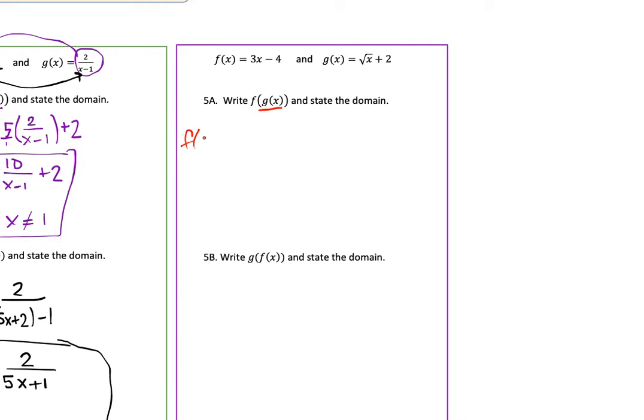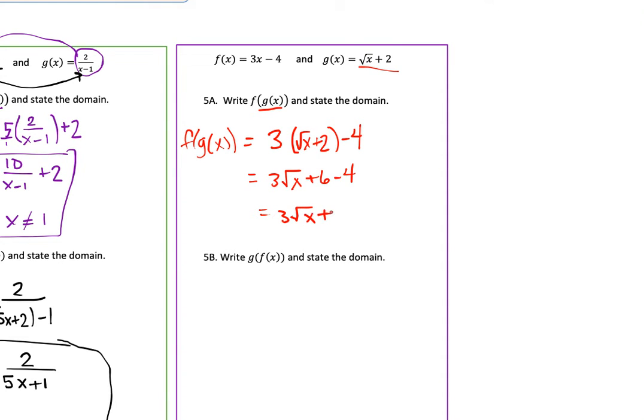So I'll write my f, my host function here, leaving space for x: 3x minus 4, but instead of x, I'm going to put in my g function, square root of x plus 2. I need to simplify that a little bit, so I'll distribute that 3: 3 square roots of x plus 6 minus 4, which is 3 square roots of x plus 2.